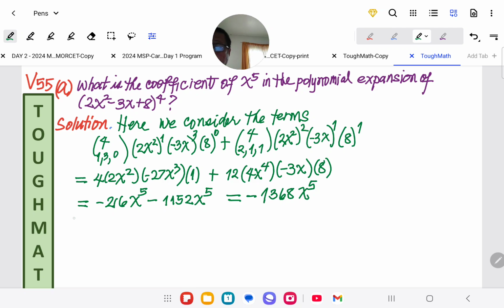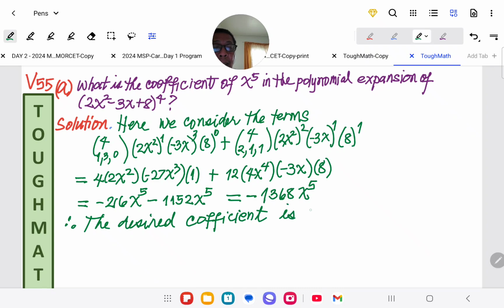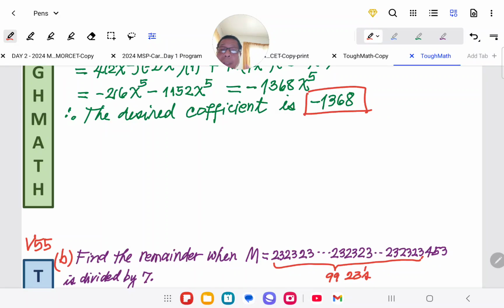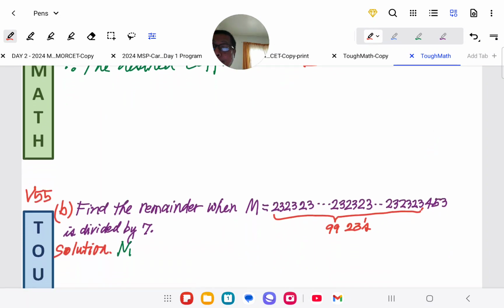Therefore, the desired coefficient is negative 1368. Okay, so that's the answer to the first problem.